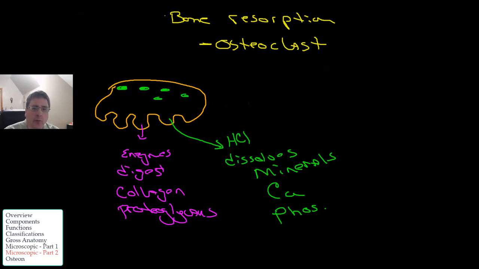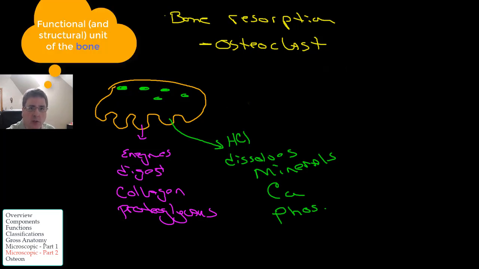When it dissolves those minerals, it liberates them. And when it liberates those from the bone, it then goes into your bloodstream and raises your calcium and phosphate levels to maintain other body functions. So that's basically how bones harden, as well as bone resorption. So the next thing that we're going to be talking about, I believe, is the functional unit of the bone, which is the osteon.